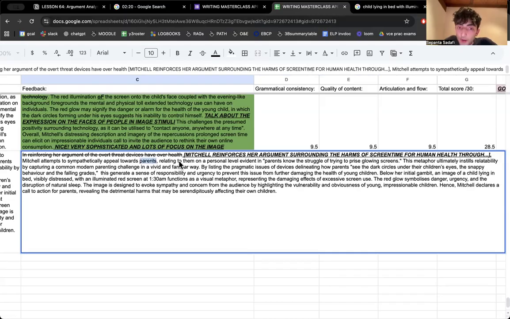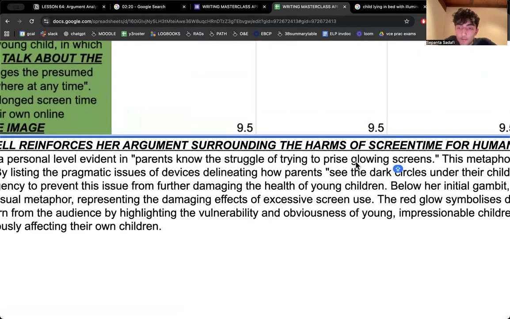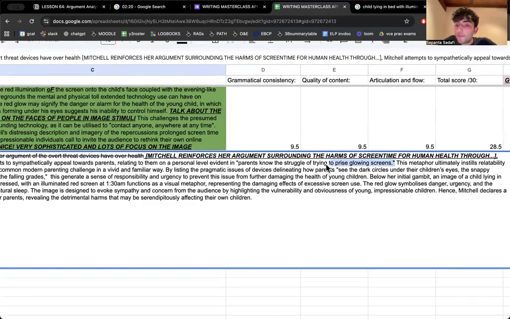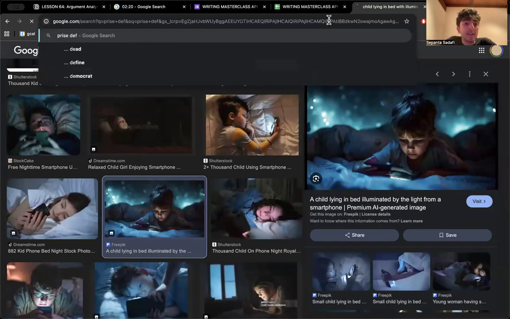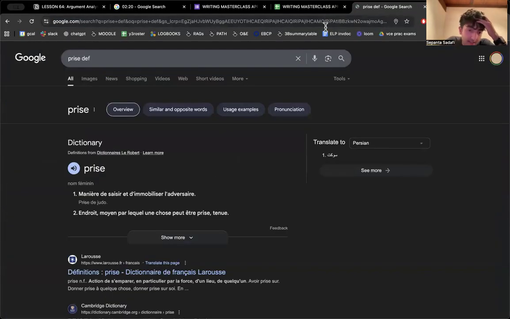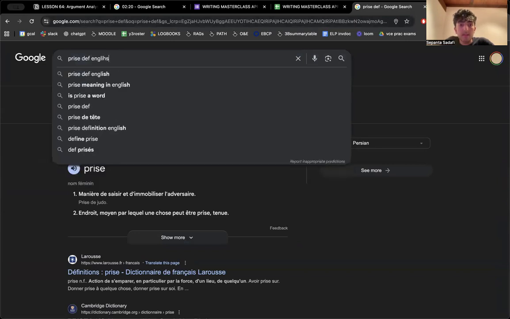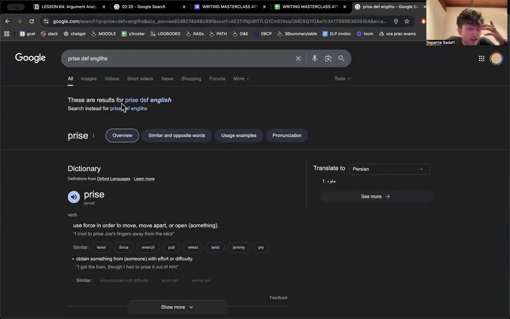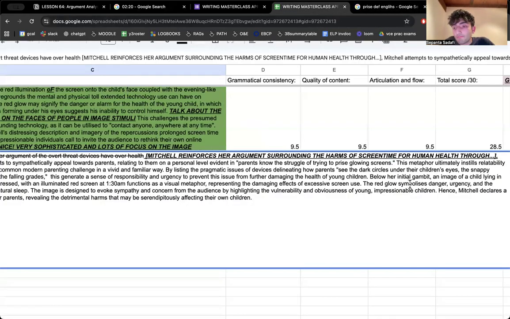Sympathetically appeal towards parents relating to them on a personal level, evident in parents know the struggle of trying to prize glowing screens. I'm not sure if that's a metaphor. That's not a metaphor. Unless you're really playing on the definition of prize. I mean, English, not French. It's not a metaphor. Nothing about it is figurative.